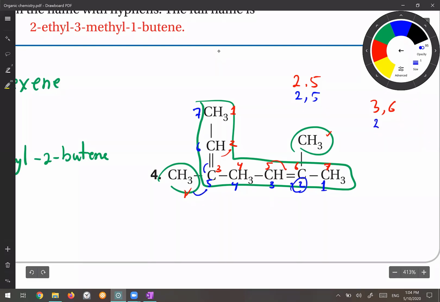So it becomes 2 and 5. Because for the double bond there is no difference, I check the branch, and I have to choose this one because 2 is smaller than 3. So I have to number this molecule from the right side, because then the branch receives a smaller number.